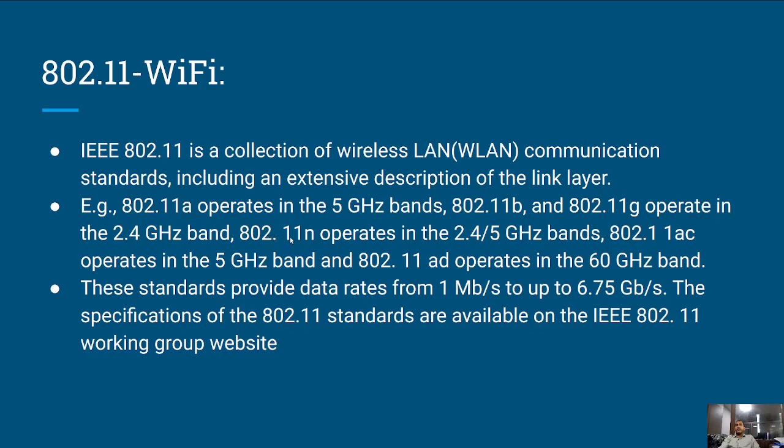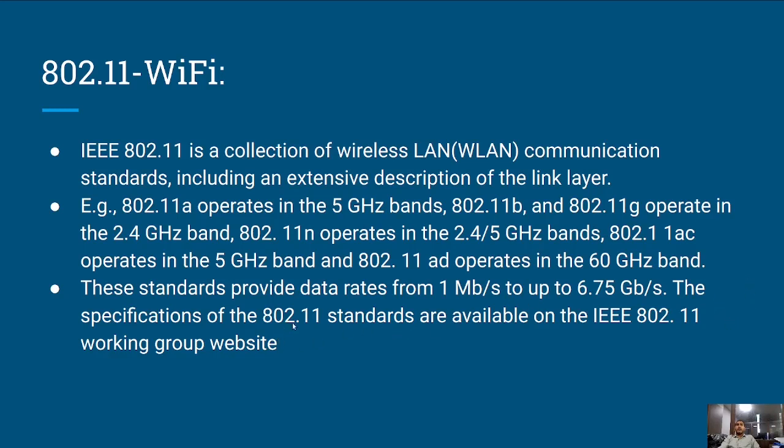The 802.11n operates in the 2.4 or 5 GHz bands. Another iteration is the 802.11ac, which operates in the 5 GHz band. The 802.11ad operates in the 60 GHz band. So these protocols provide data rates in the range of 1 Mbps to around 6.75 Gbps.